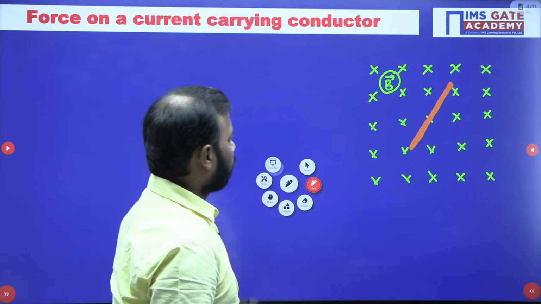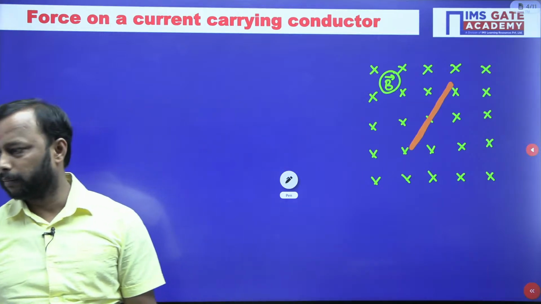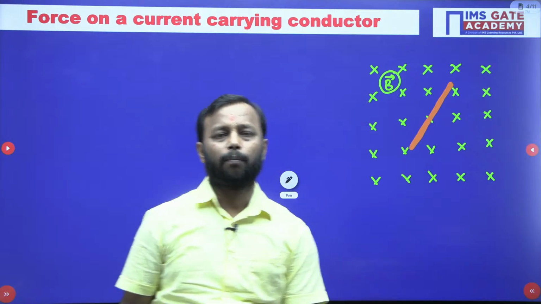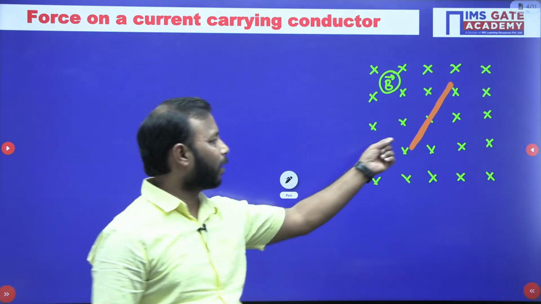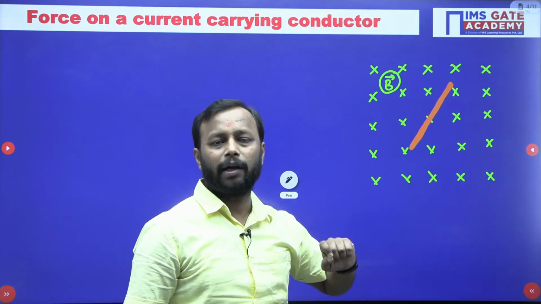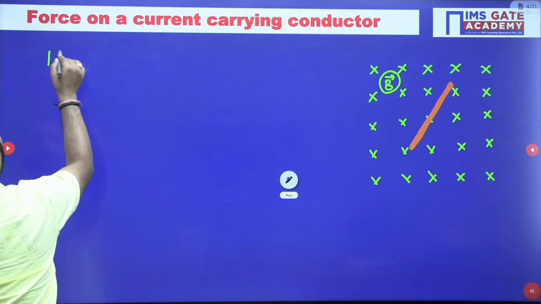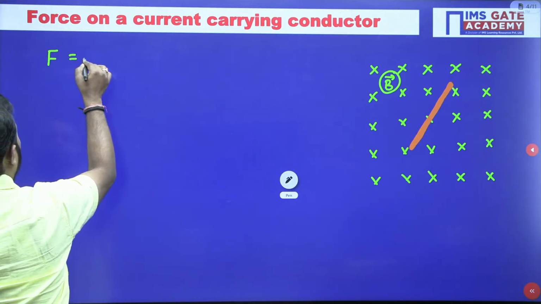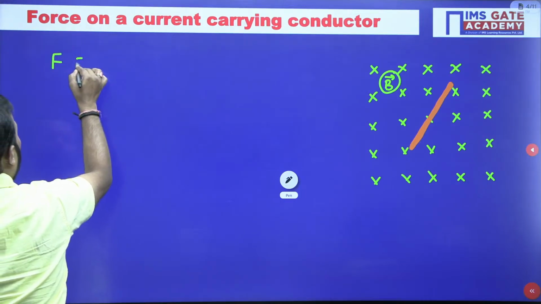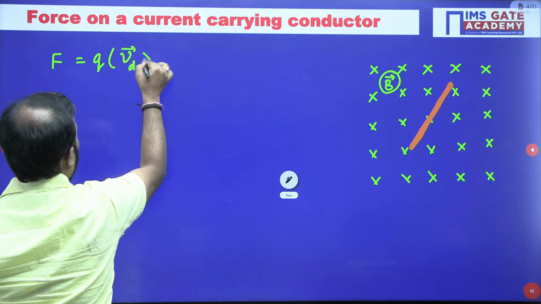Now assuming that your conductor is moving. Whenever a conductor is moving, and if the charge inside it is also moving, then your force dF will be equal to Q times (Vd cross B).